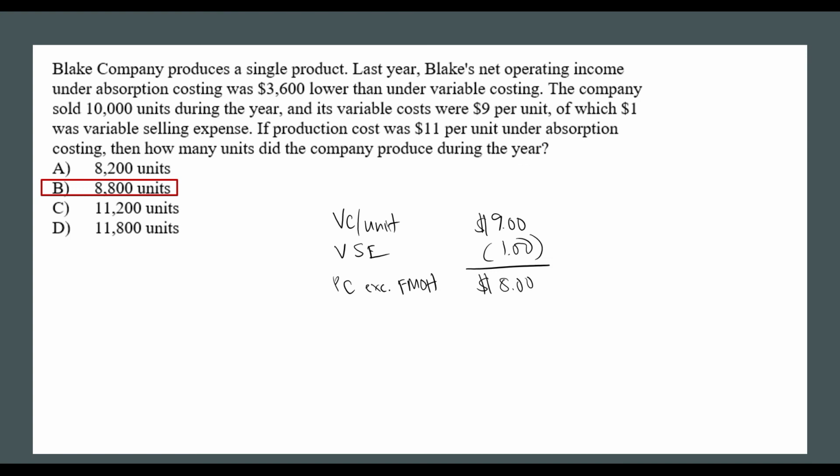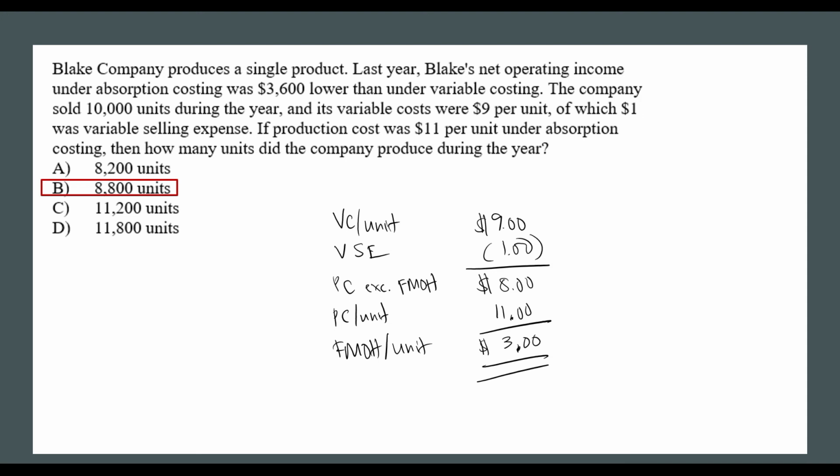Since we have here your production cost per unit or product cost per unit of $11, we can assume the difference between the two of $3 will be your what? Fixed manufacturing overhead cost per unit. And this will be very crucial for us to get the units that we produce.